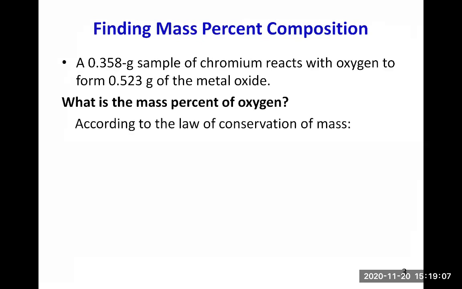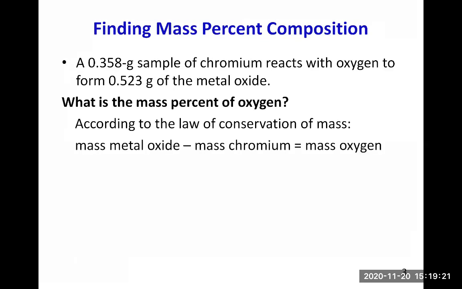The law of conservation of mass tells us that when you have a chemical reaction, matter is conserved. So the mass of the reactants should be equal to the mass of the products. That means here the mass of the metal oxide should be equal to the mass of the chromium plus the mass of the oxygen that reacted with it.